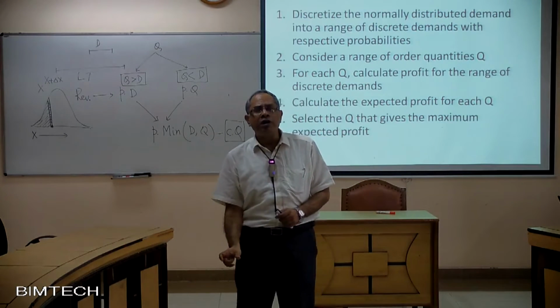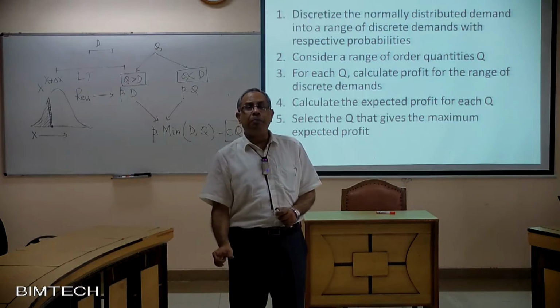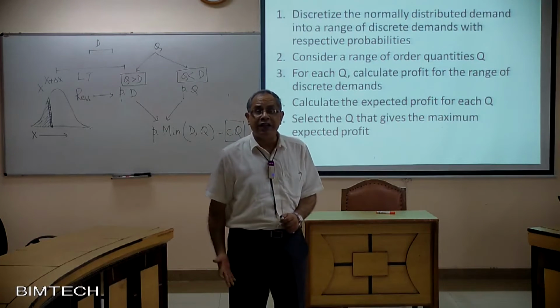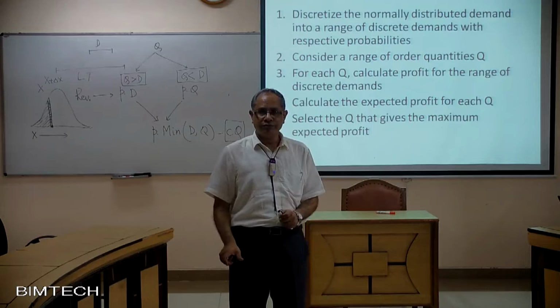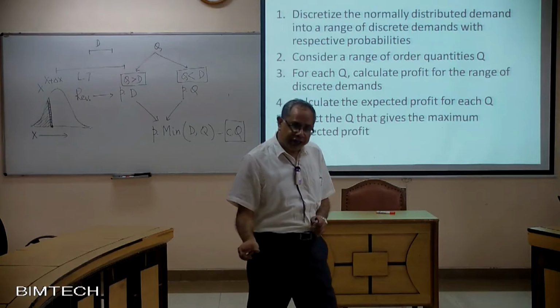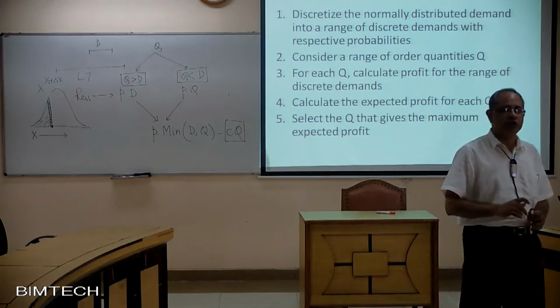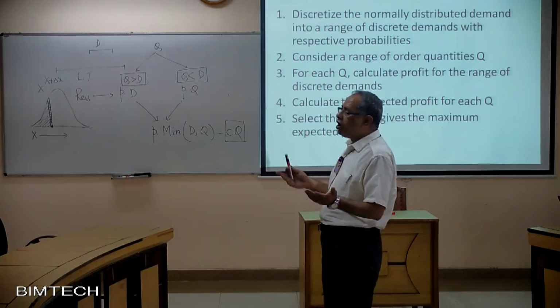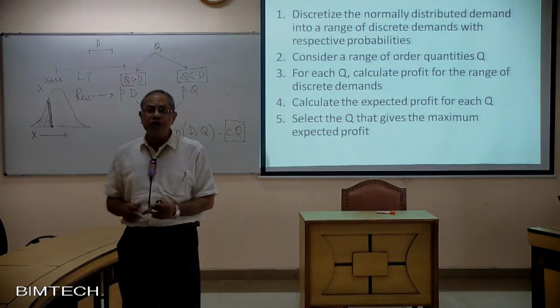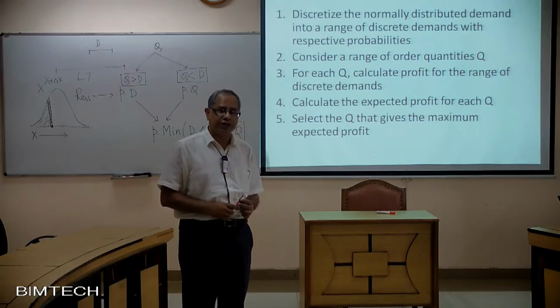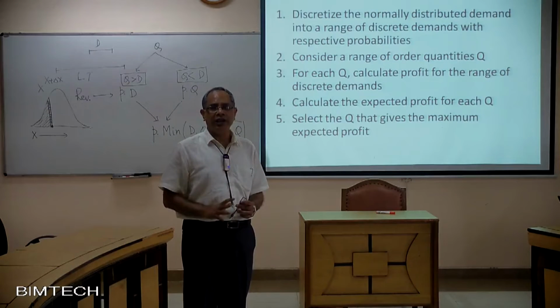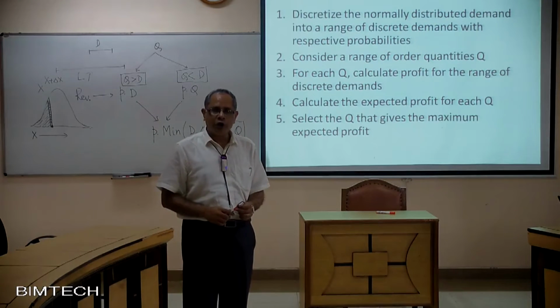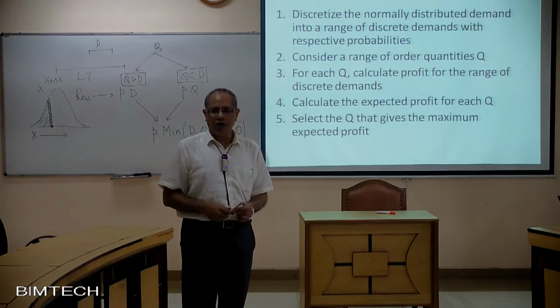And then at the bottom, I find out what we call the expected profit for that Q. So we have expected profit for various values of Q. And of course, the Q which gives us the maximum expected profit is the quantity that we choose to order, or what we call the optimal order quantity.